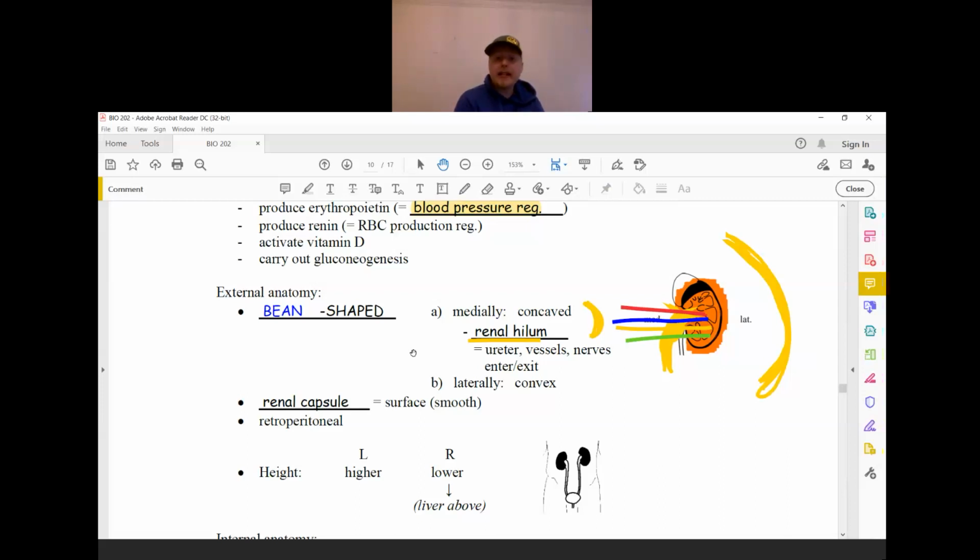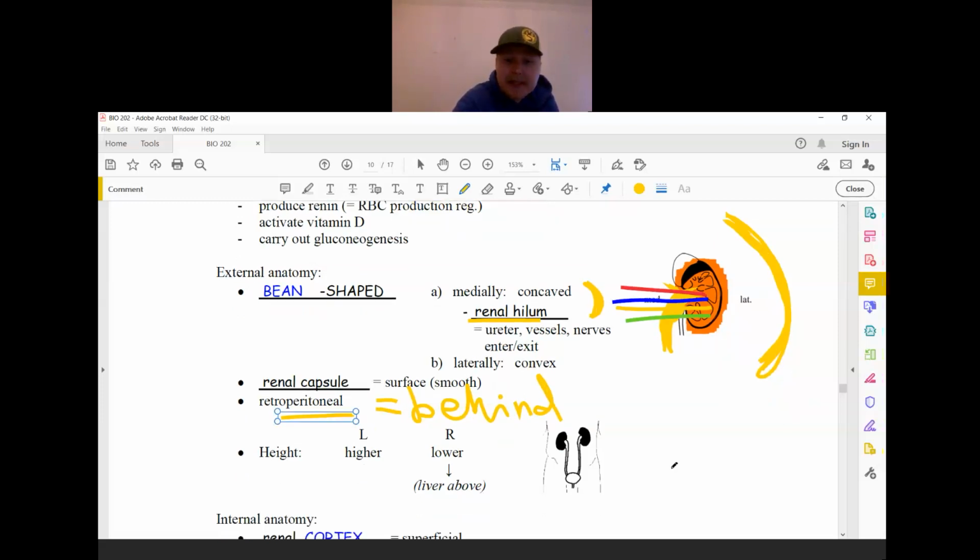That's because it is enclosed within the fibrous renal capsule. In relation to the peritoneum, it is retroperitoneal, so behind the peritoneum.